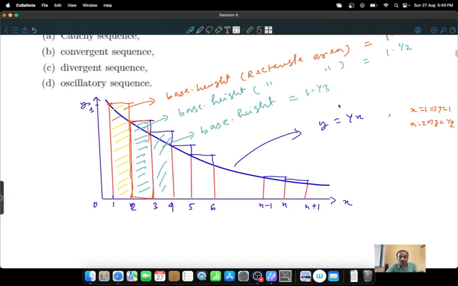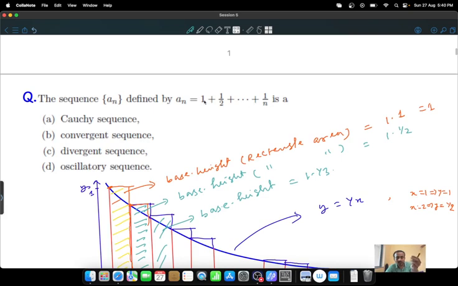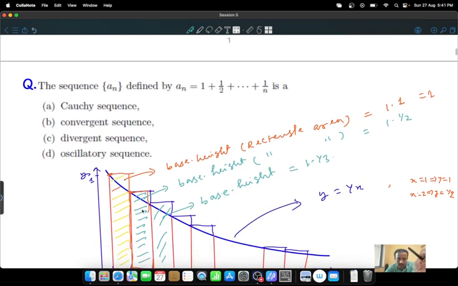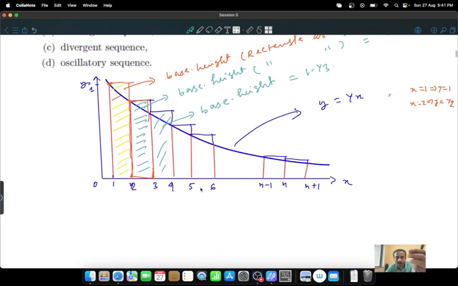So now if you look at this series, the first term is 1, that is nothing but the area of this rectangle; half is the area of the second rectangle; 1 by 3 is the area of the third rectangle.